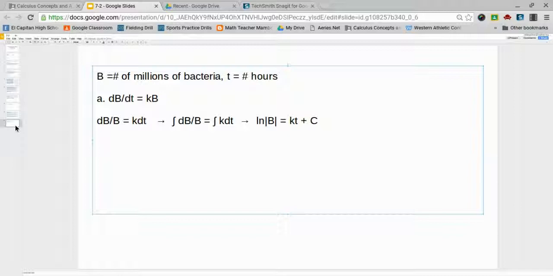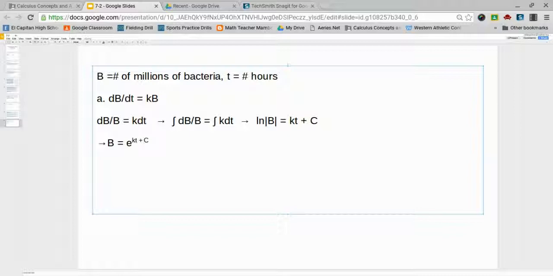And like the other problems, how do we get rid of ln, or what's the inverse operation? Hopefully we're all thinking that we have to raise both sides to e, or exponentiate them. So I have b equals e to the kt plus c.